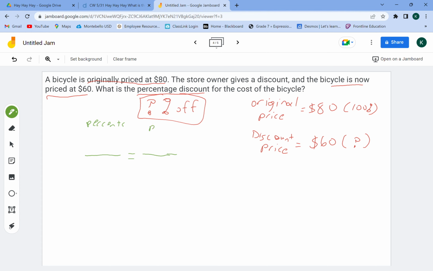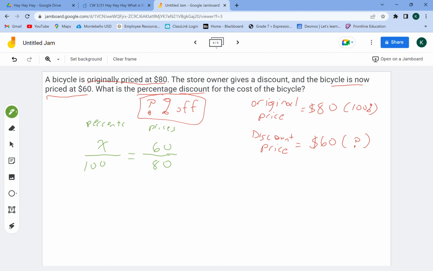So I know 100% is the original, so that'll be the 80 right there. I don't know the percent for the $60, so I'll put 60 here, and I'll put X right here because I don't know what that is. Out of 100.